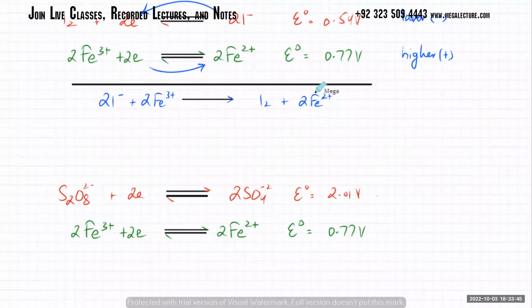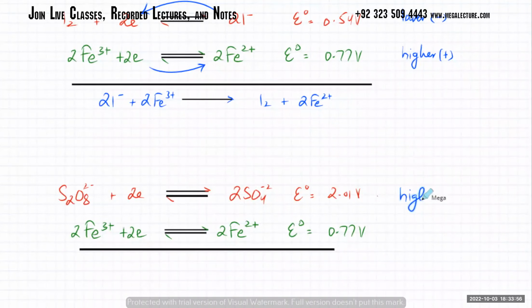If you look over there, what is going to happen? Who's the higher potential now? The higher potential is this one, that is the positive one, and the lower potential is the bottom one, that's your negative one.